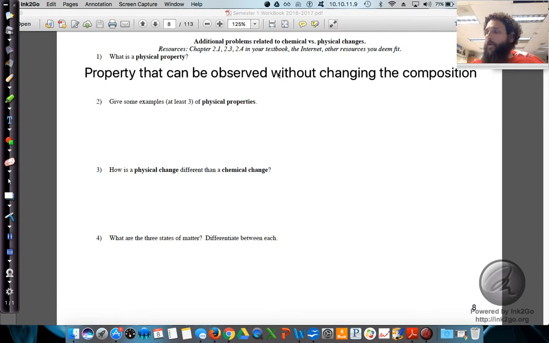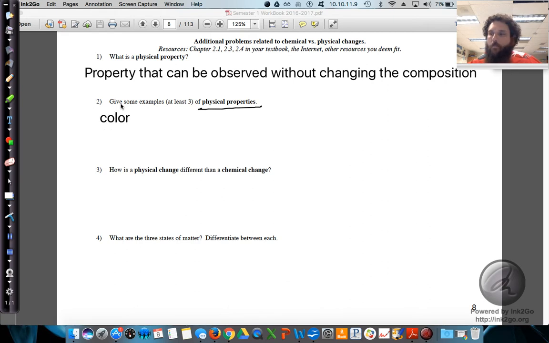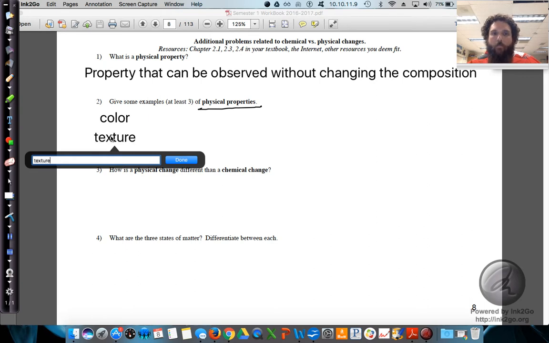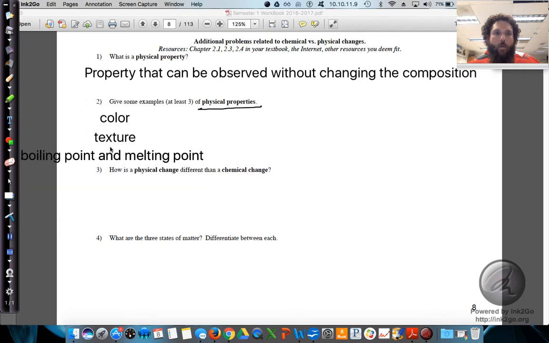And so the examples that we're getting in class here were not really what we were after until I sort of coached people through this. So this is things like the color, texture, boiling point and melting point, density.